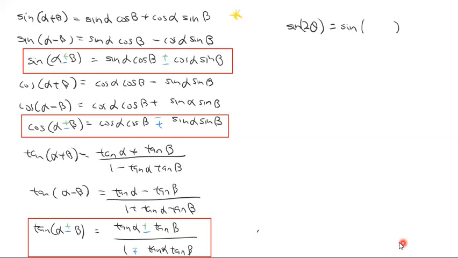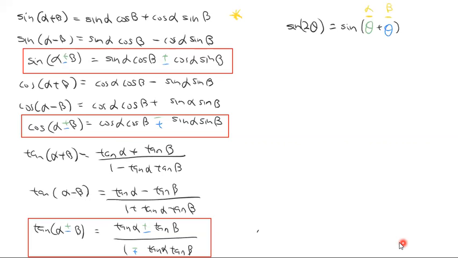So we could use this one on the top. Sine of alpha plus beta is sine alpha cos beta plus cos alpha sine beta. But I could think of it as theta plus another theta, right? 2 theta is just theta plus theta. And if you like, you can think of this angle here as alpha and this angle here as beta.